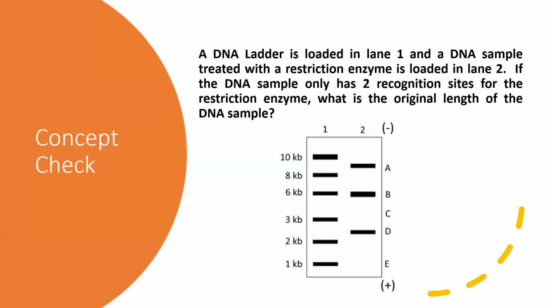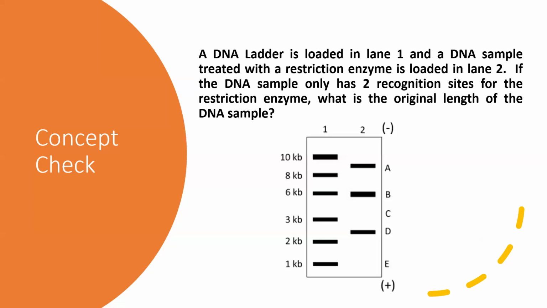So this is the ladder, right? The reference, the ruler, if you would. So this is 6 kilobase, as in kilobase rather. So like 6,000 bases long. So that's 6, right? How about this one? 9, right? It's between 10 and 8, so 9.